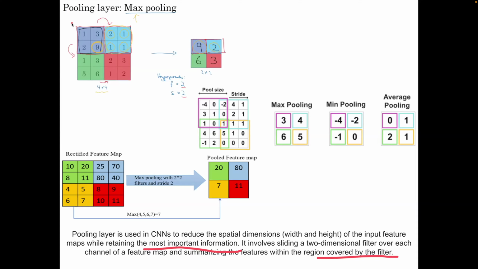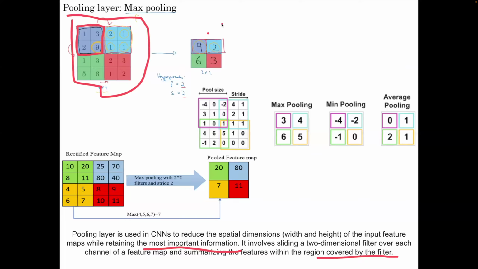So let's say this is a full image, which is a 4 by 4 pixel image. We have a filter size of 2 by 2, and then we apply it on the image. So let's say we apply it on this part of the image. Then we pick the pixel with the highest value. The pixel with the highest value here is 9.